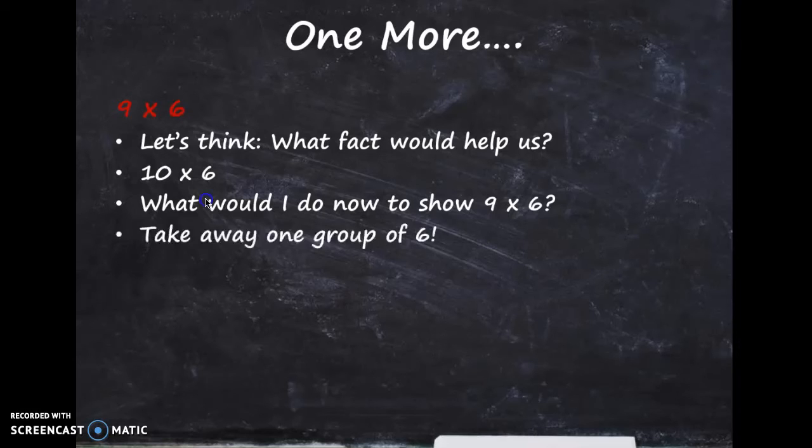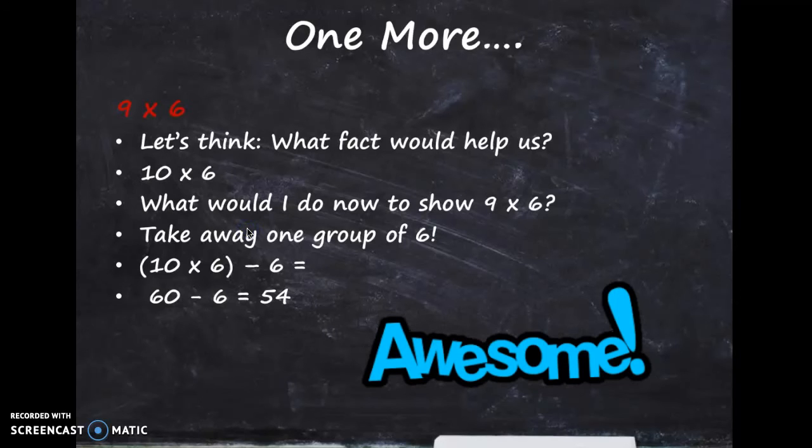Let's check your work. You should take away one group of 6. If you wrote 10 times 6, take away 6, you are absolutely correct. 10 times 6 gives us 60, minus one group of 6 gives us our product of 54.